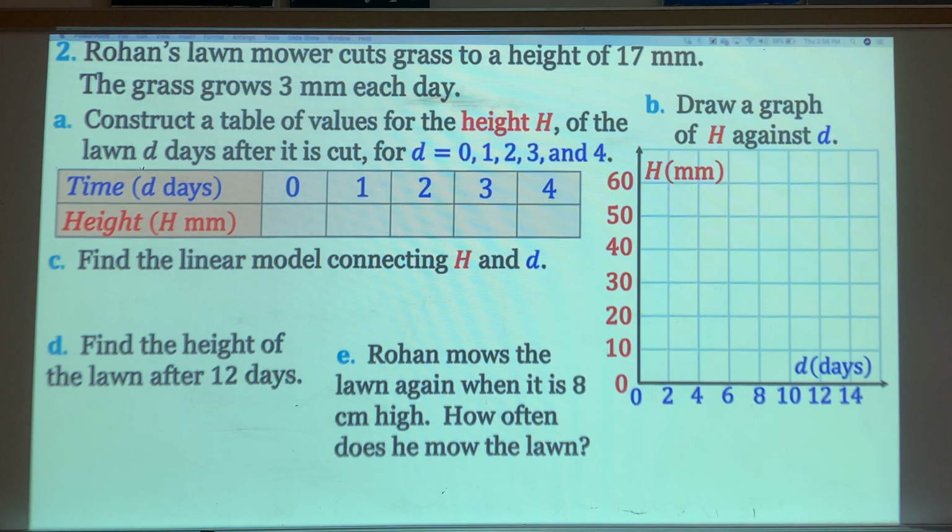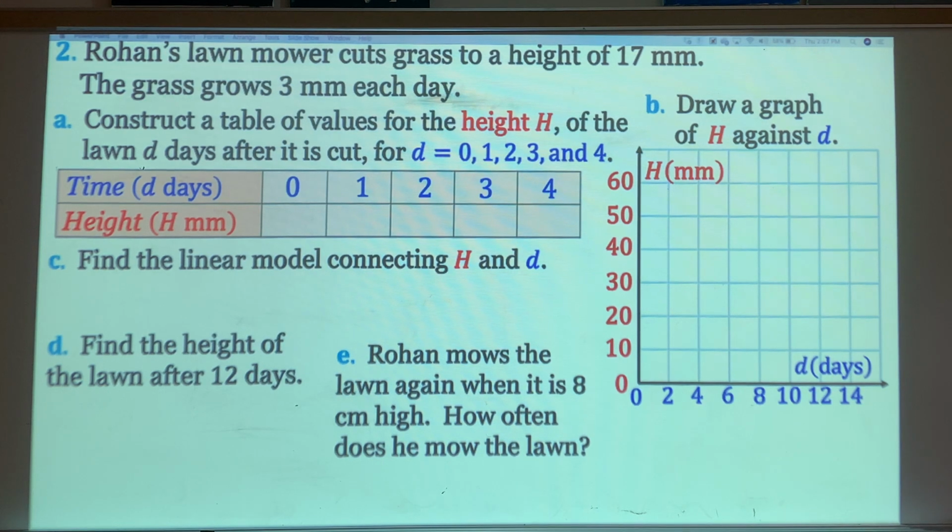All right, that's pretty small. So what happens with this is, you want to know the grass grows 3 millimeters a day. So it grows a little bit. And what ends up happening then is, I want you to construct a table of values based on that info.